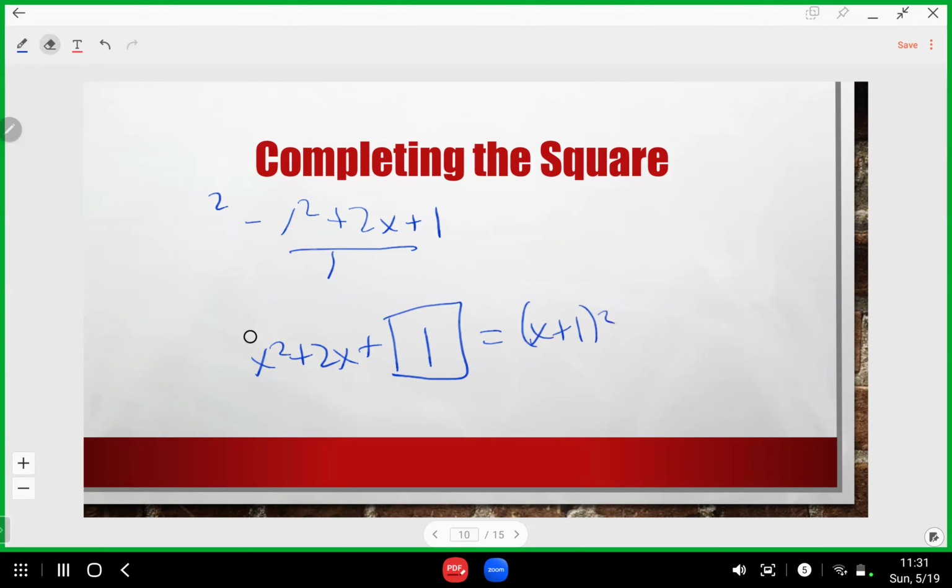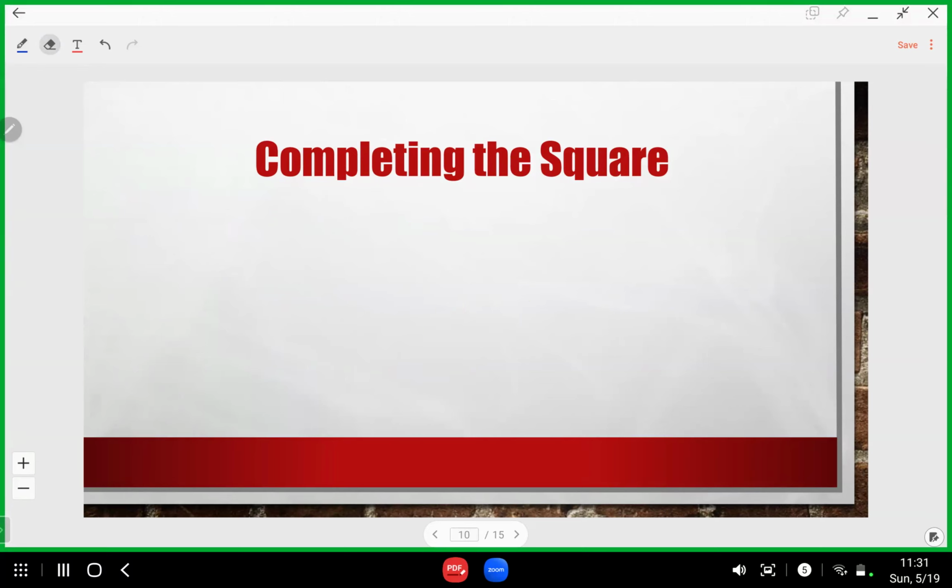Let me give you the more general formula for completing the square. Let's just look at a pattern real quick. So x plus 1 squared is equal to x squared plus 2x plus 1. X plus 2 squared is equal to x squared plus 4x plus 4.